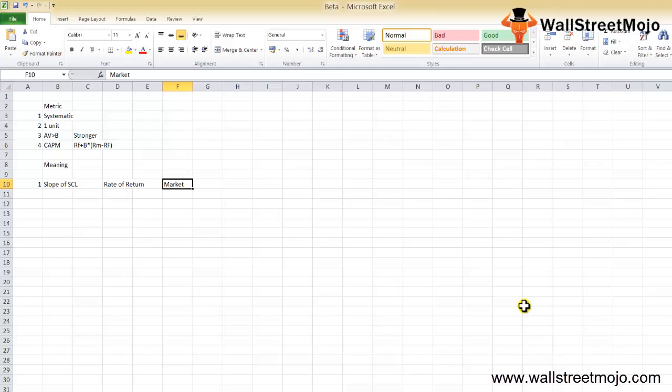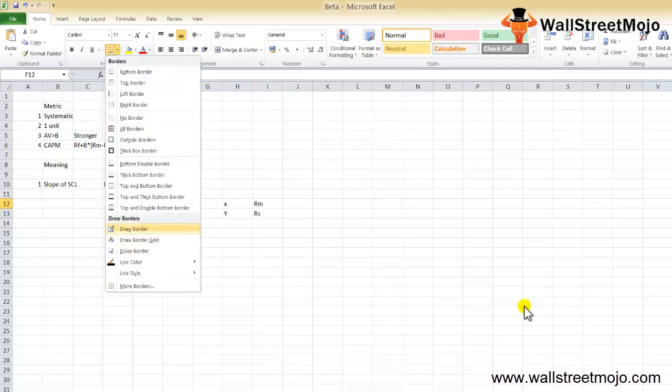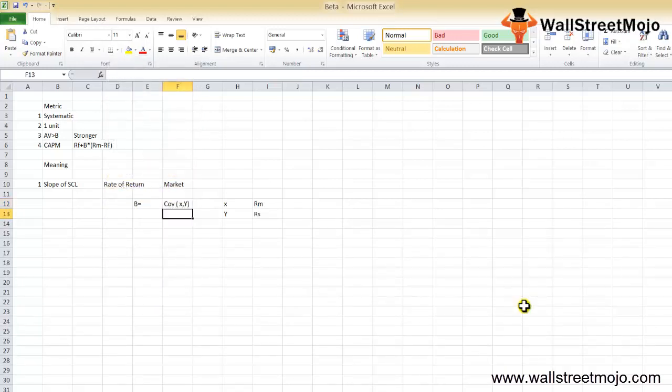Now, the beta formula is something like this. Beta is equal to the covariance of X and Y. Over here, X is your return from the market, RM, and Y is your return from the stock, RS. You divide this whole thing by the risk of the market, basically the variance of the market return.